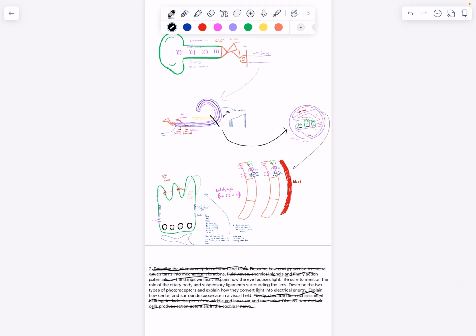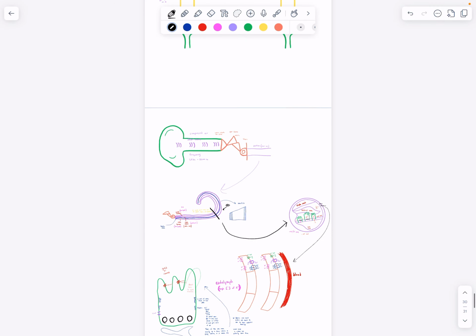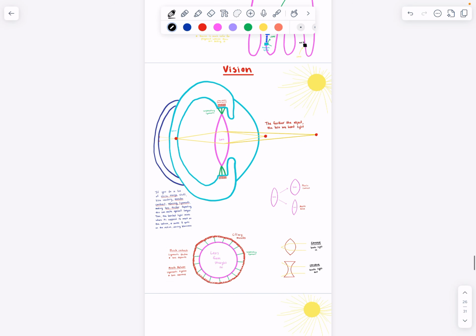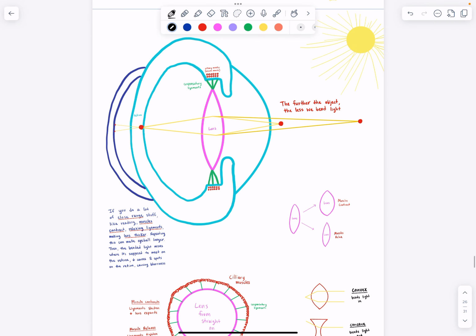So now we'll move on to vision. So, okay, the eye focuses light. If we see an object out here, light is going to come in to the eye.